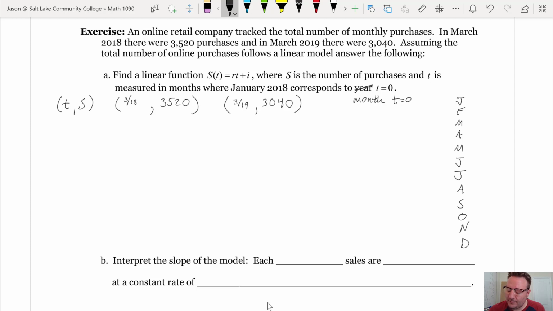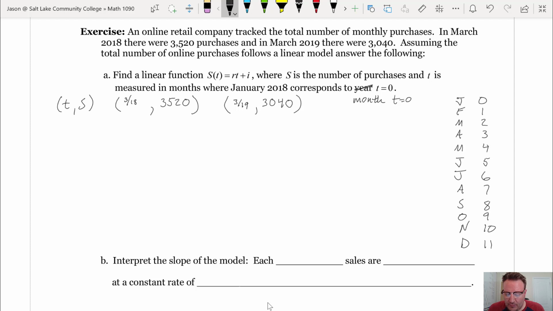So we're calling January 1st, that date will correspond with 0. And then February 1st will correspond with 1. March 1st will correspond with 2, and so on and so forth. So December 1st will be 11.